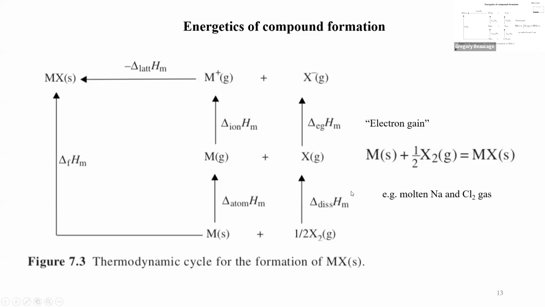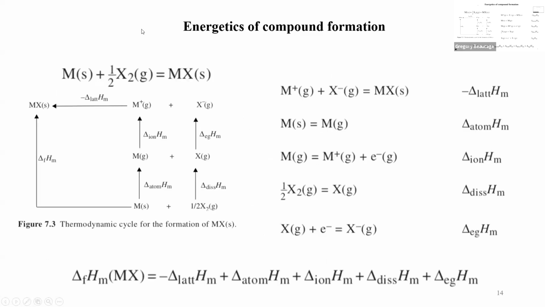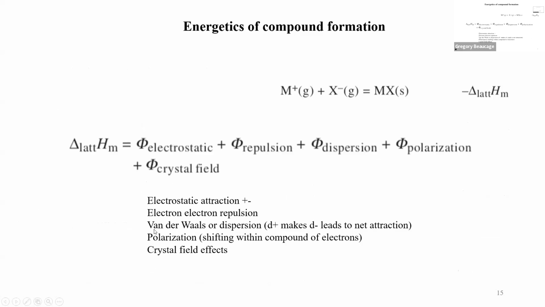So these energies you can see you need, and this thing's more mysterious, right? The lattice energy. And the total heat of formation is going to be the sum of those things. This one's the complicated one, so that guy's going to have these components to it.